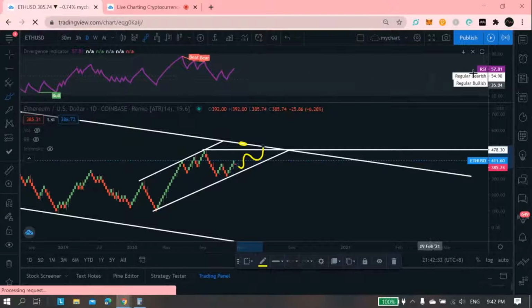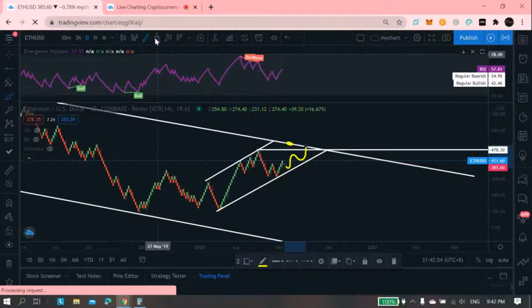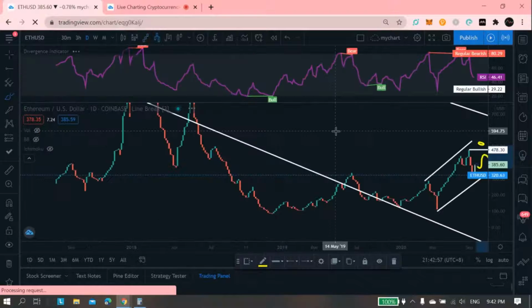Divergence indicator is already higher than the regular bearish, but actually that is a breakout from the previous resistance using this one. However, currently trading lower. Wait, let's look at this. Actually, I did not use this.